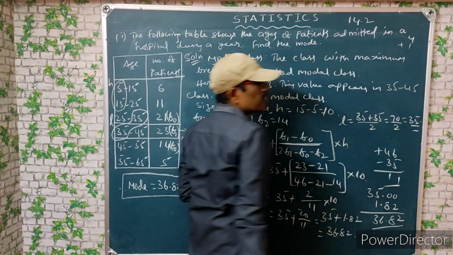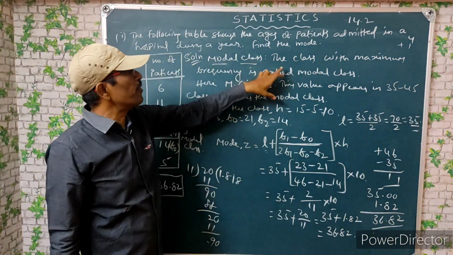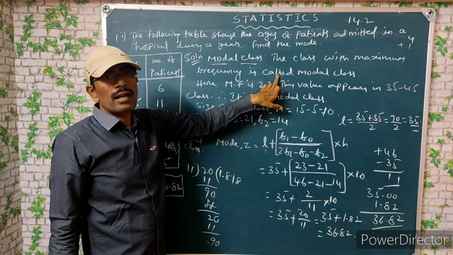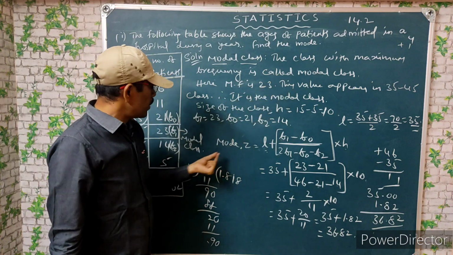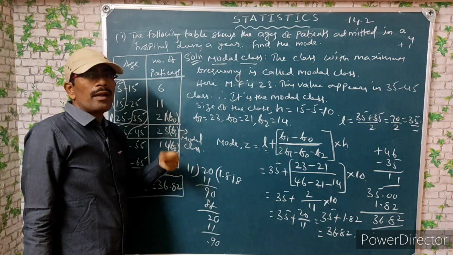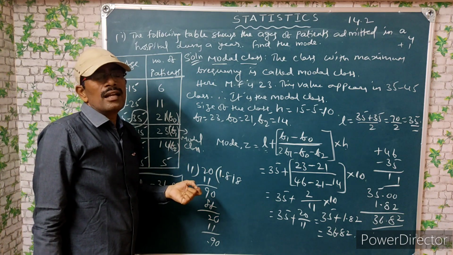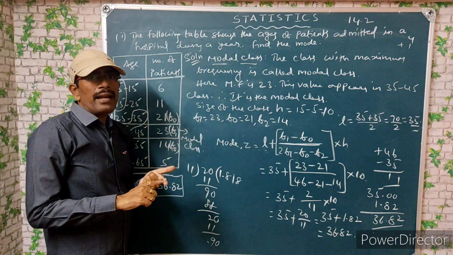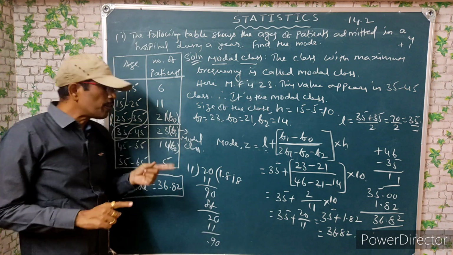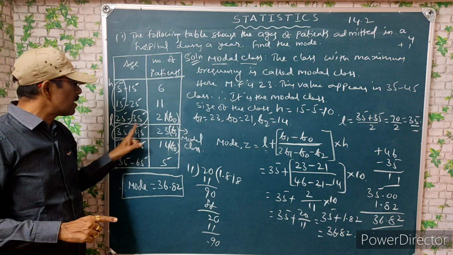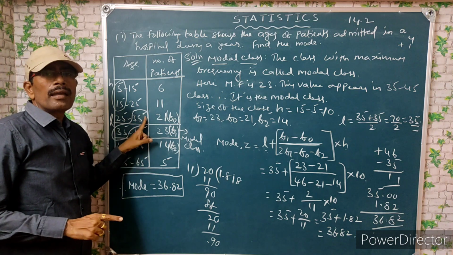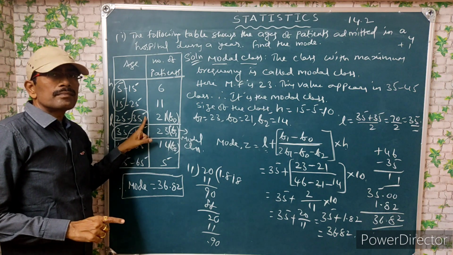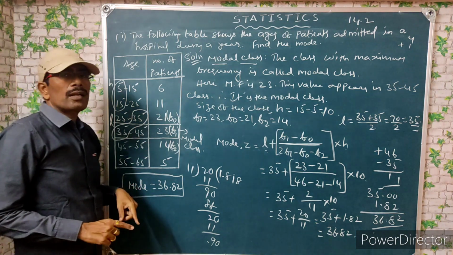The class with maximum frequency is called modal class. Next 1 mark question is how to find the lower boundary of a modal class. The lower boundary of a modal class can be obtained by taking the average of the lower limit of the modal class and upper limit of the above class.